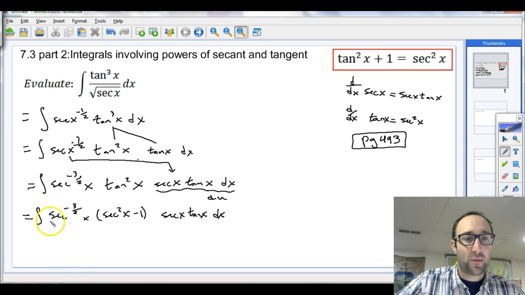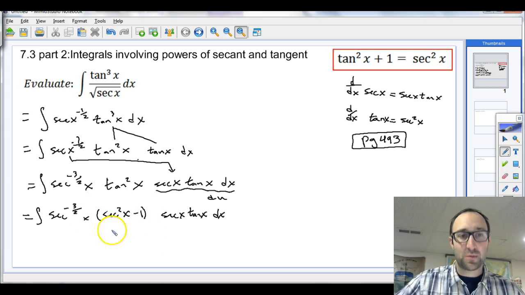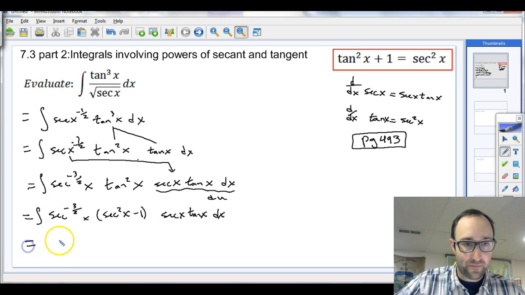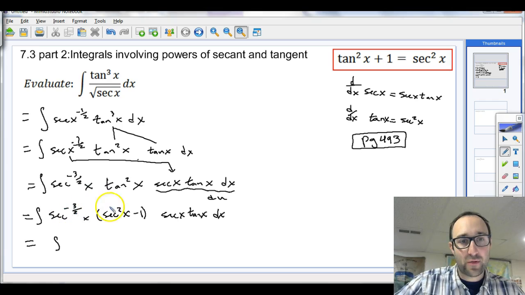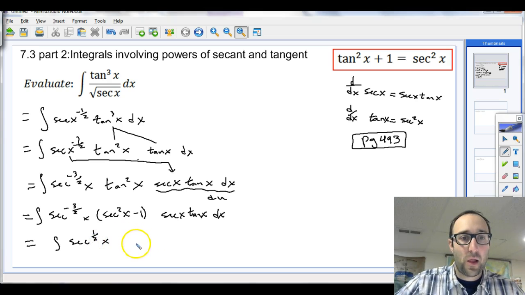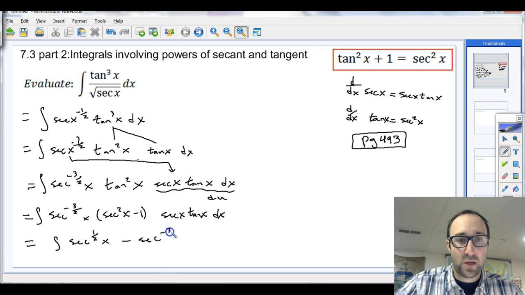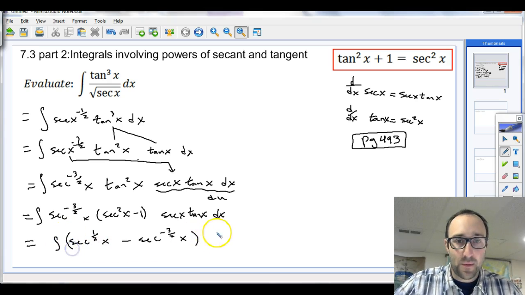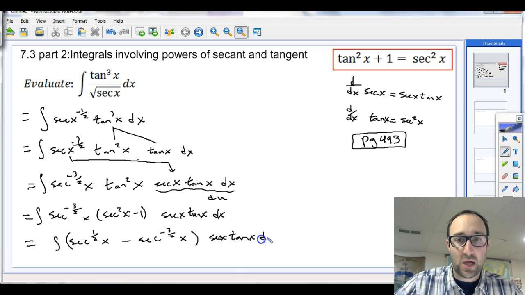Now I'm going to distribute this secant to the negative 3/2 to both of them, and I should end up with the integral of secant to the 1/2 x minus secant to the negative 3/2 x, all in parentheses, times secant x tan x dx.